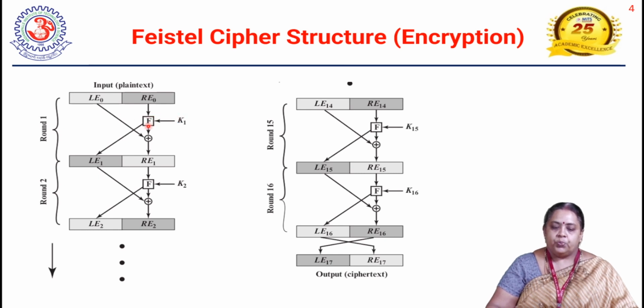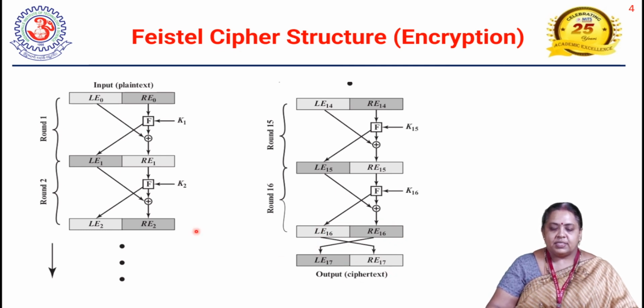The output of this function is XORed with the left half of the previous round to become the right half in the next round, and this right half becomes the left half. That will be given to the next round. The next round follows the same structure until the last round. In the last round, the right half becomes the left half and the left half becomes the right half. Simply we swap, and that is the output ciphertext.